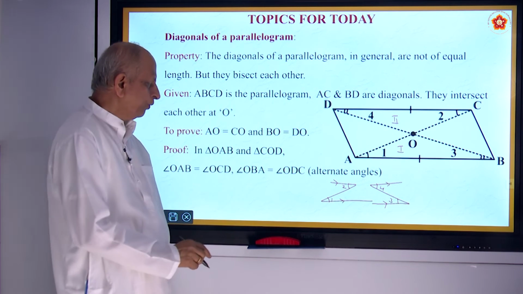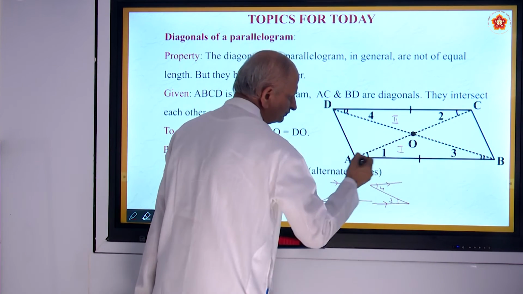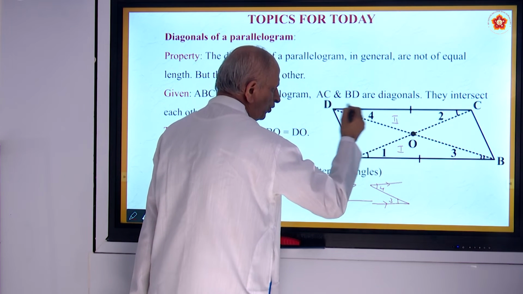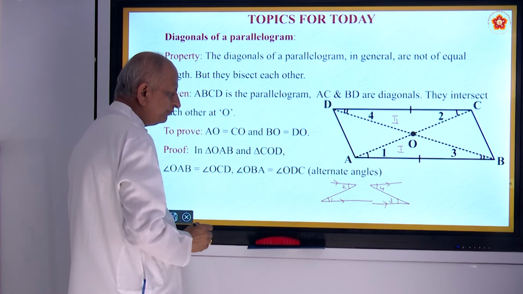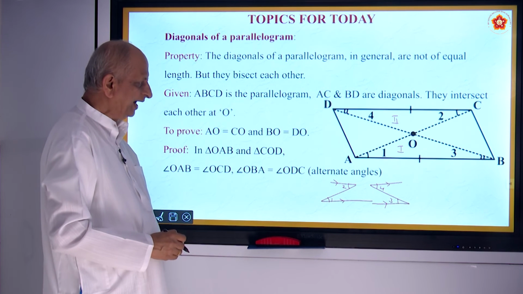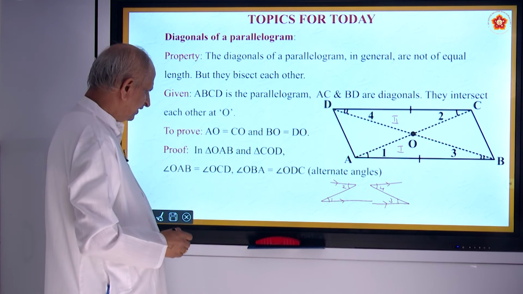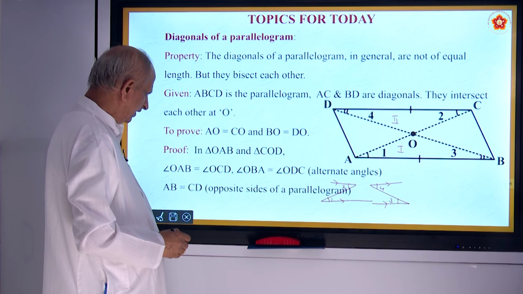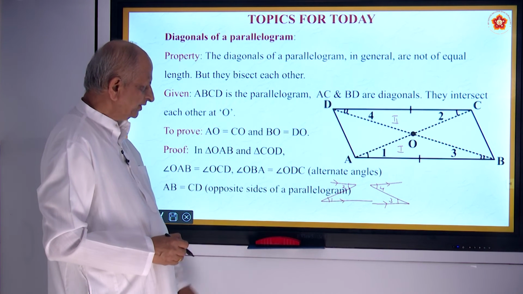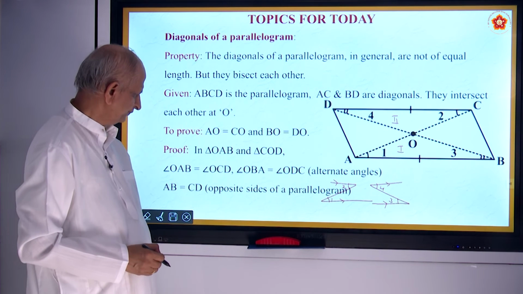And angle OBA, that means angle 3, is equal to angle ODC, angle 4. They are called alternate angles, about which you have studied in the previous classes. And one more, side AB is equal to side CD.